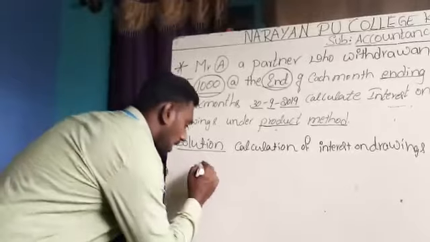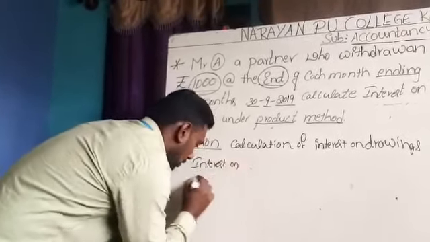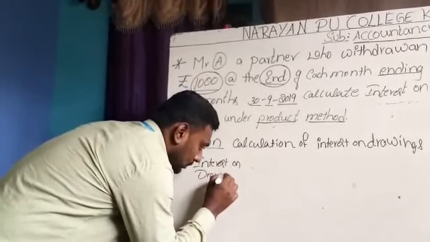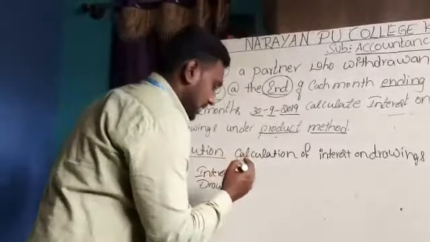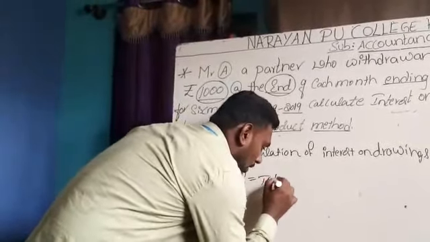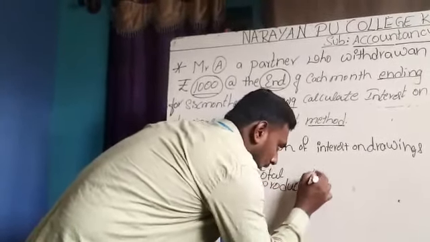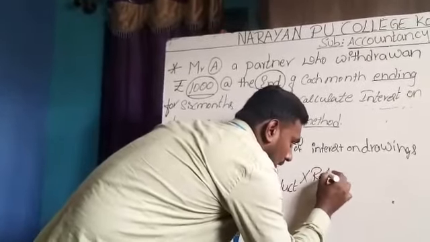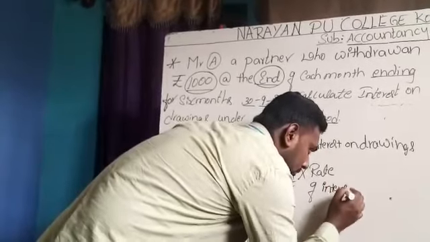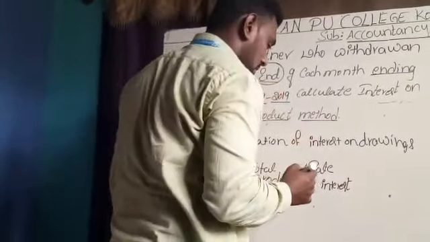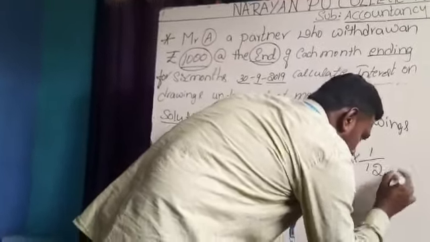How to calculate interest on drawings? We have one formula. Interest on drawings is equal to total product into rate of interest into 1 divided by 12.